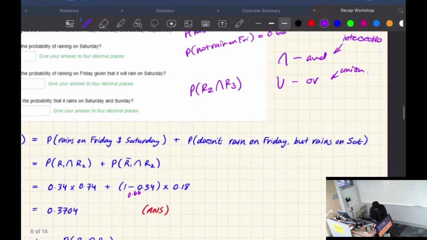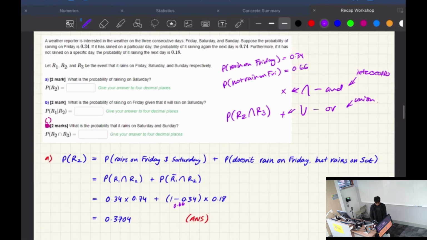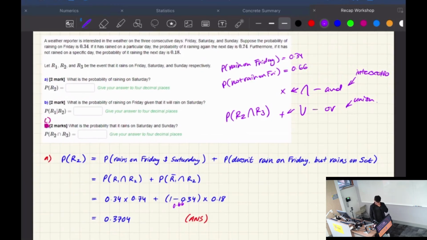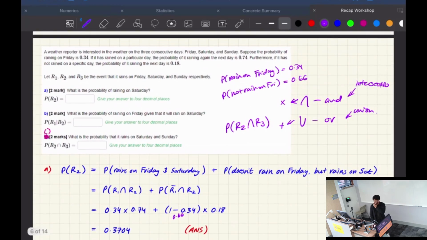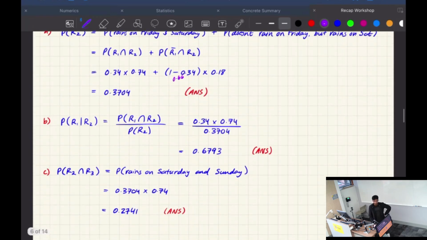Also, one more thing I want to note here: you have to multiply the probabilities for intersection, and then over here you want to add the probabilities. Okay, that's question 1. So, all good? Can I move on?